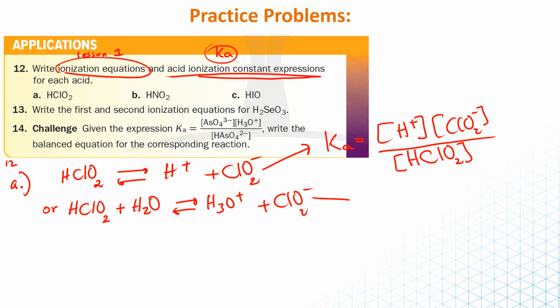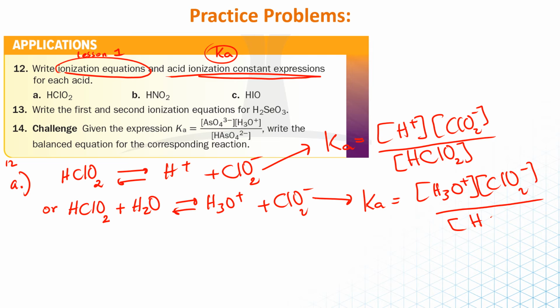And if we use this equation, the Ka will be H3O plus times ClO2 minus over HClO2. Okay? So again, here you can do the same thing: this H plus and this NO2 minus, and here H plus and IO minus. Alright?